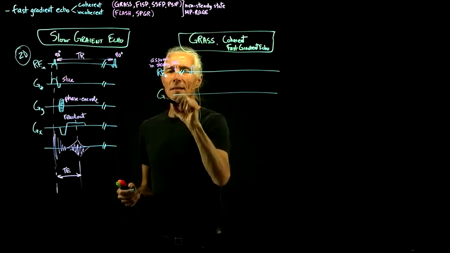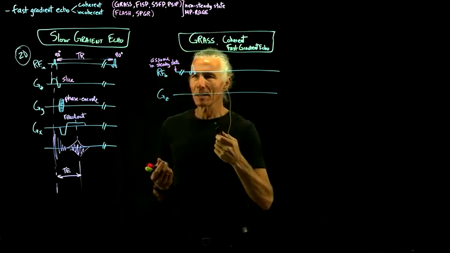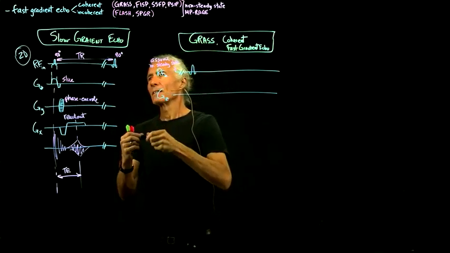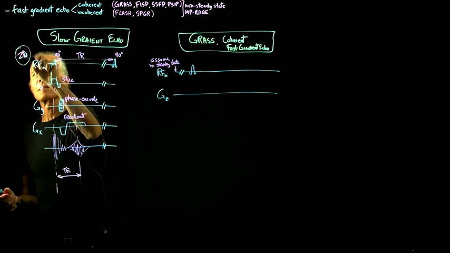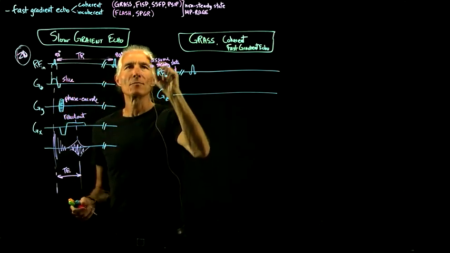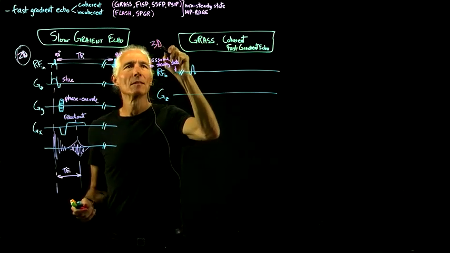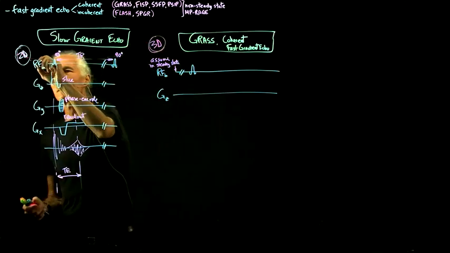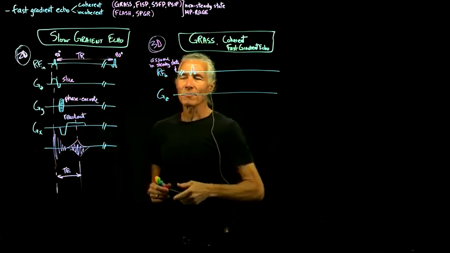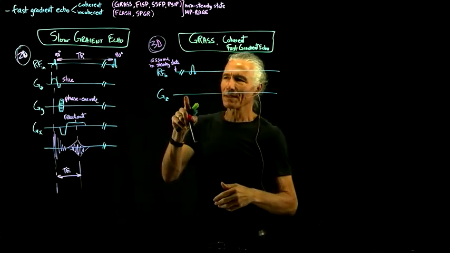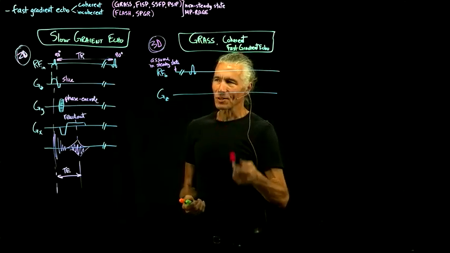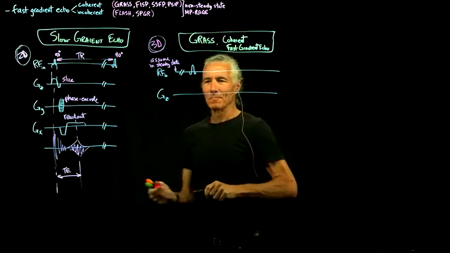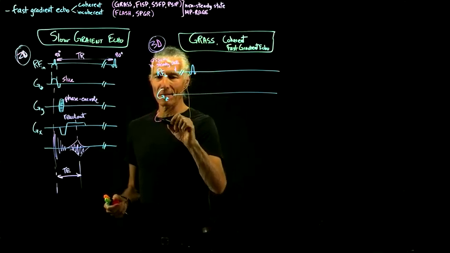This one was a 2D example, so I'll make this one a 3D example. The only difference between 2D and 3D is that you do some extra phase encoding on the second gradient.